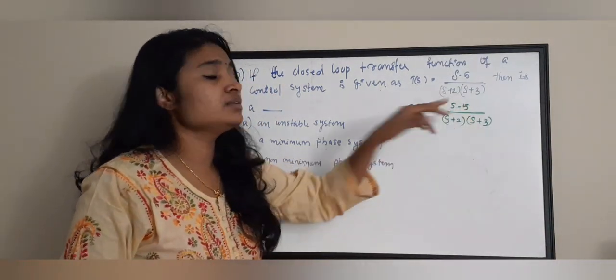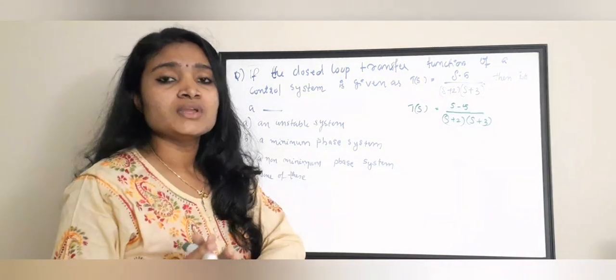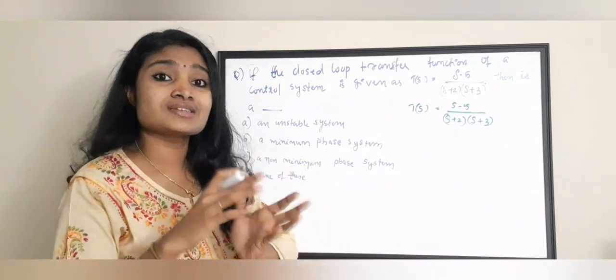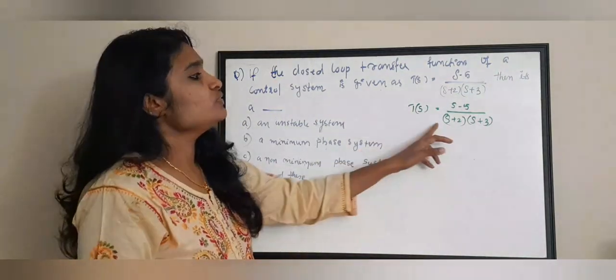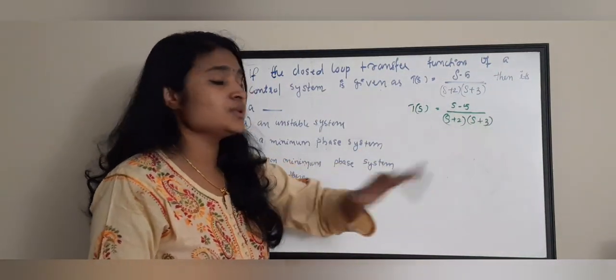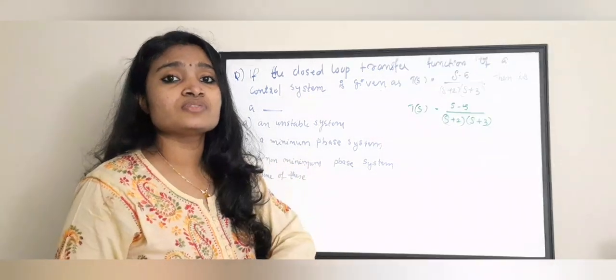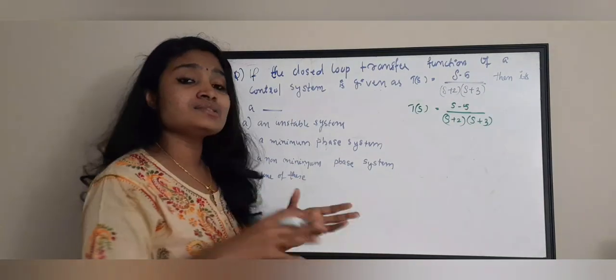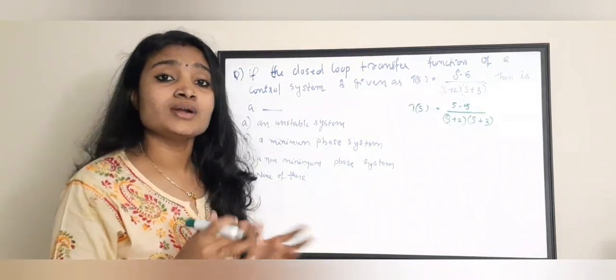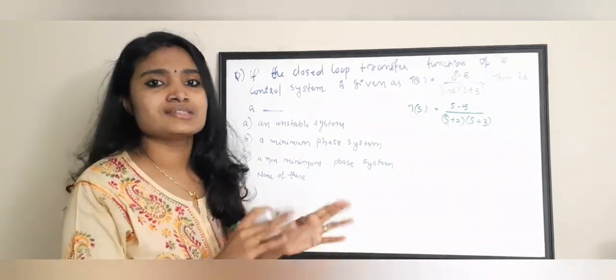If you equate the numerator with 0, you will get some values of s, or some roots, and those roots are called zeros. And if you equate the denominator with 0, or find the roots of the denominator, you will get poles. Now these poles and zeros actually determine what type of system the given system is.